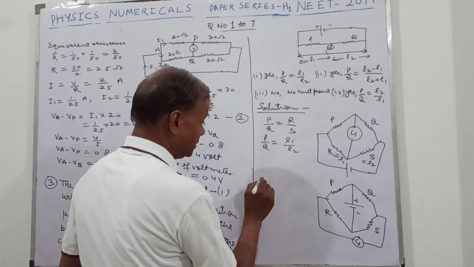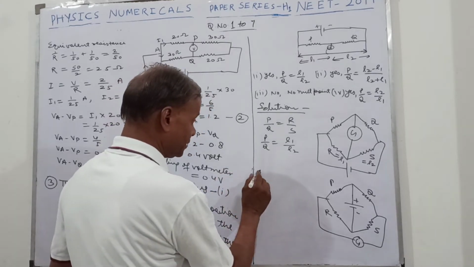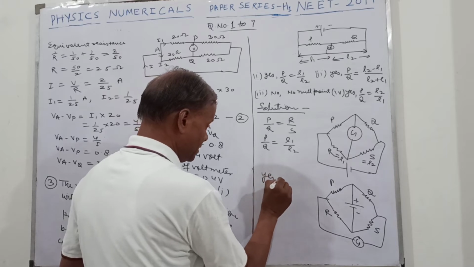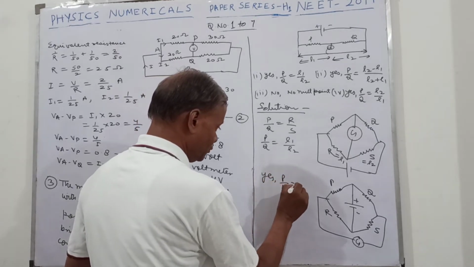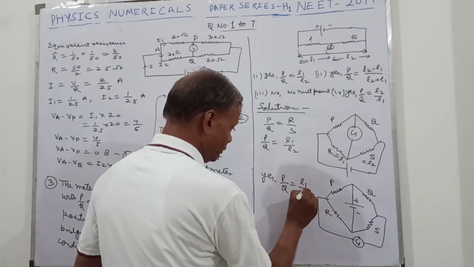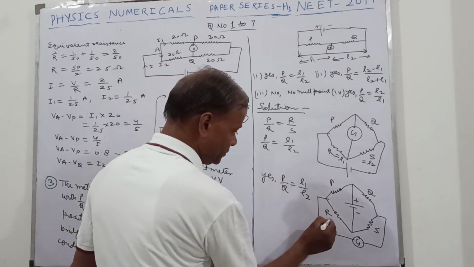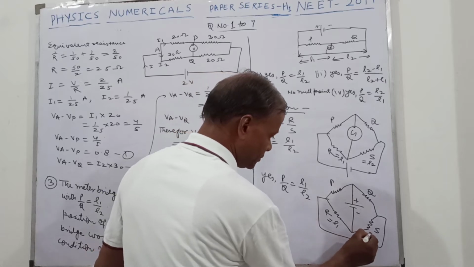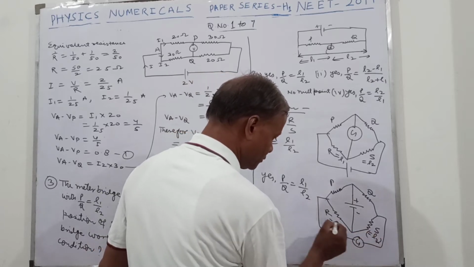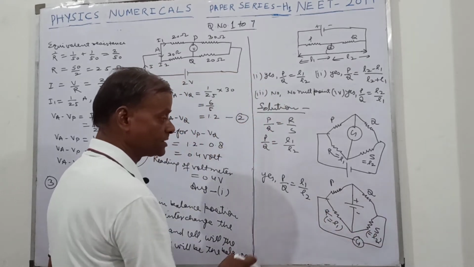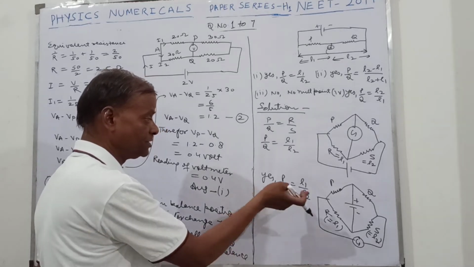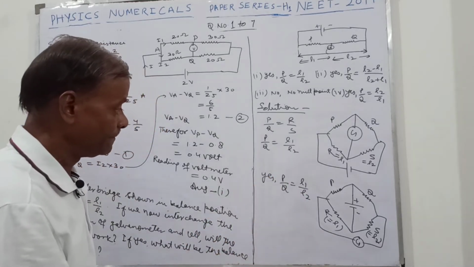So what we said, that will work, then this is now yes, and this P upon Q equal to L1 upon L2. So in place of R upon S, this is L1 and this is L2. So we are not changing this R and S, so no change in this position.